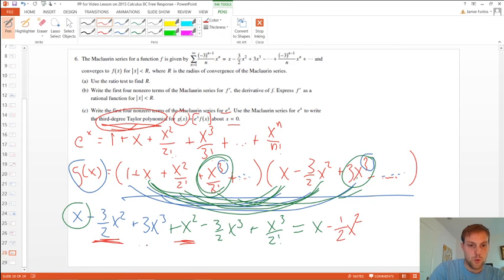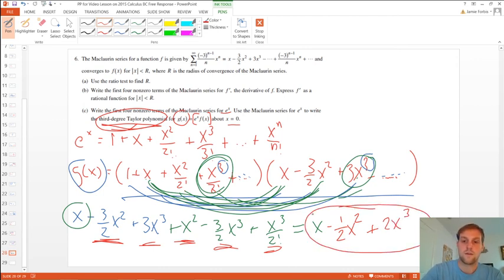And then finally my cubes, I got 3 cube terms. So that's 3 minus 3/2 plus 1/2, which is going to be 2x cubed. And that right there is my third degree, because I'm going to the third power.